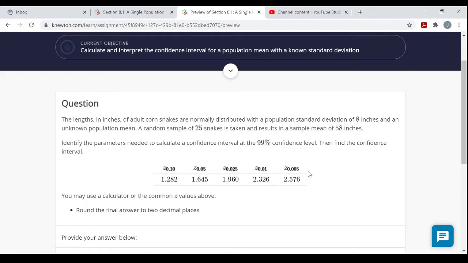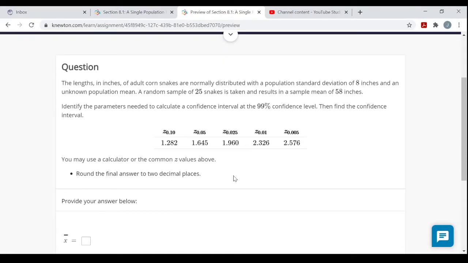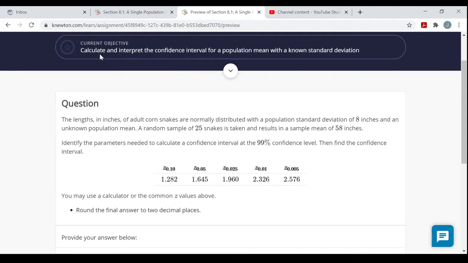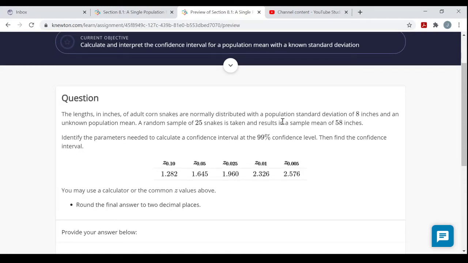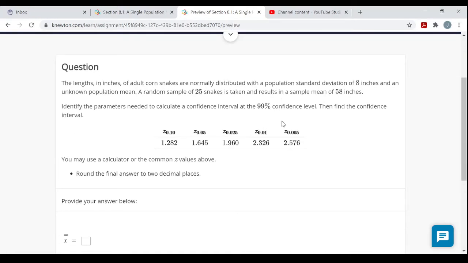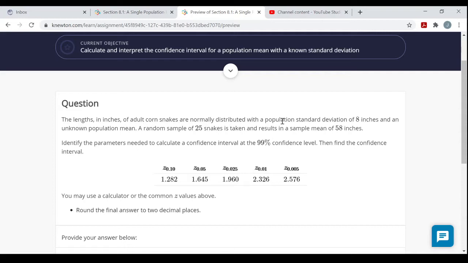They give us a little chart here, and it says you may use a calculator or the common z values above. Actually, there's a whole other objective where the calculator is involved, so I'll wait till those questions to show you the calculator use for this.